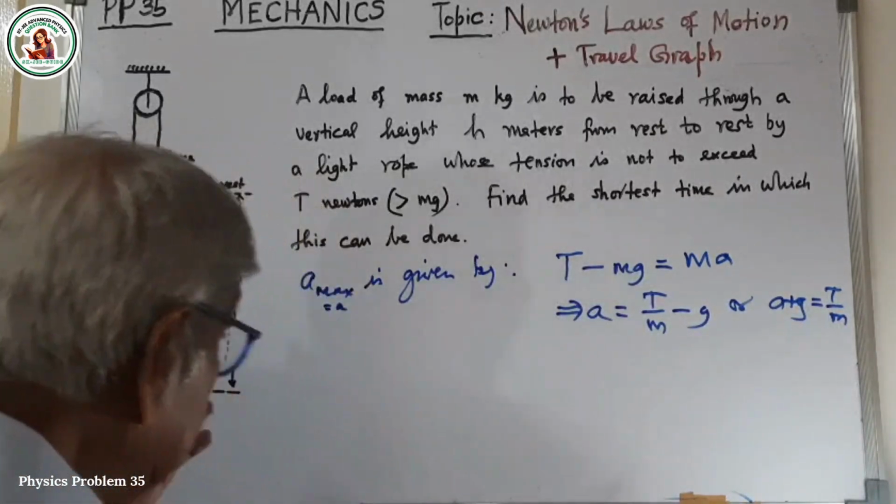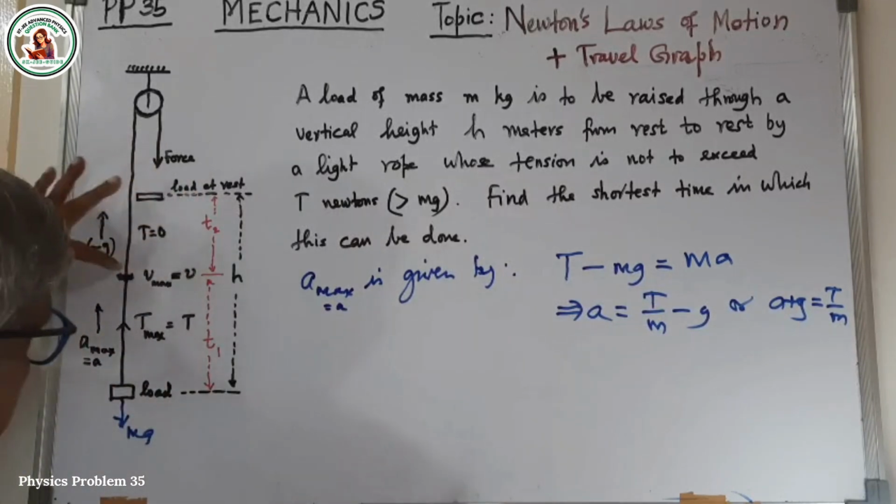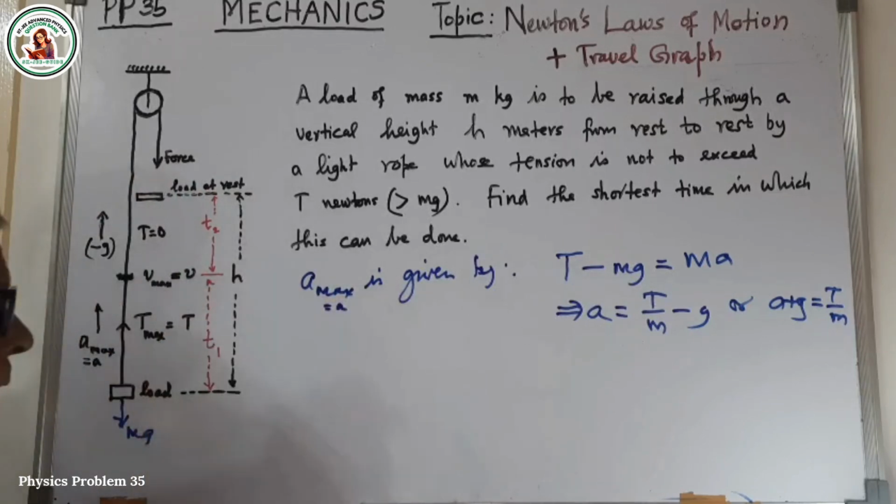Then raise the load at this acceleration till it reaches the maximum velocity, which is denoted as v.